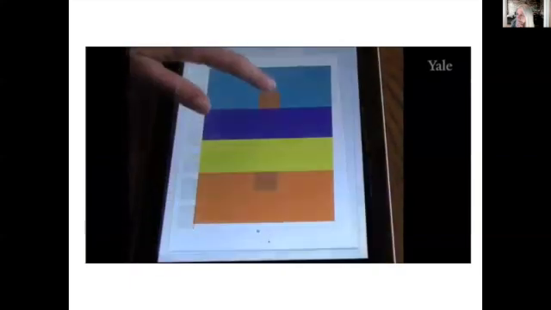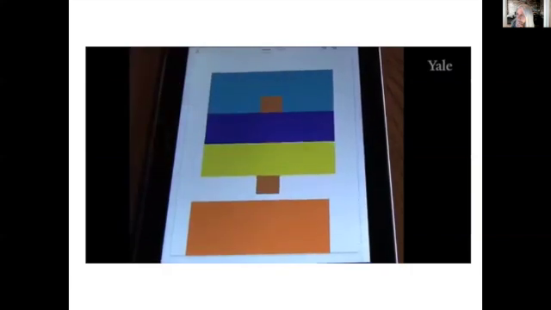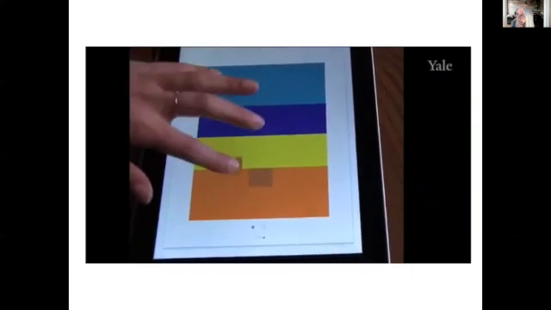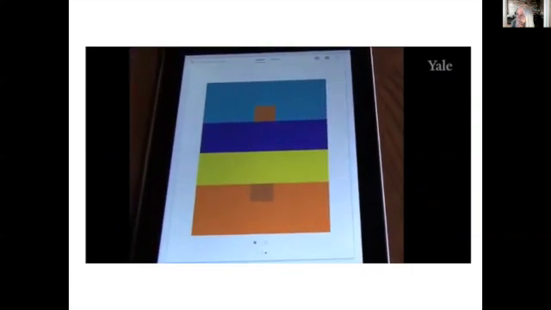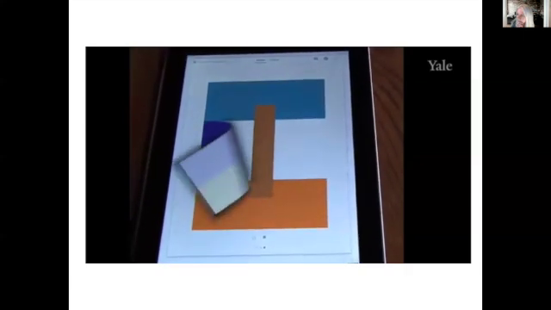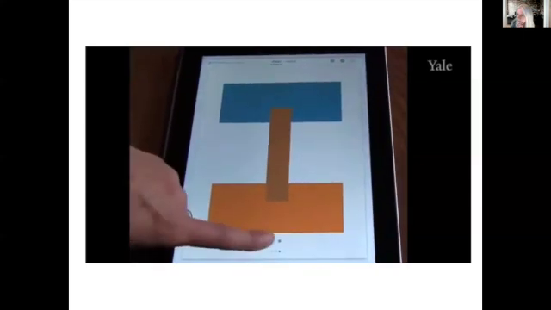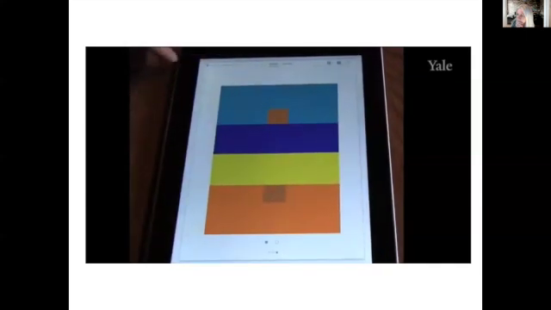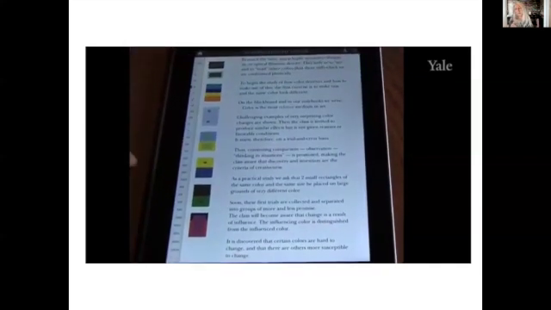Everything behaves like cut paper. So you can now move these pieces to see that they are in fact the same. In addition, the flaps function digitally. But another function that's very important is you can create your own study.